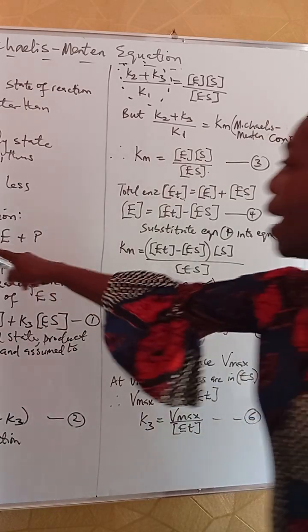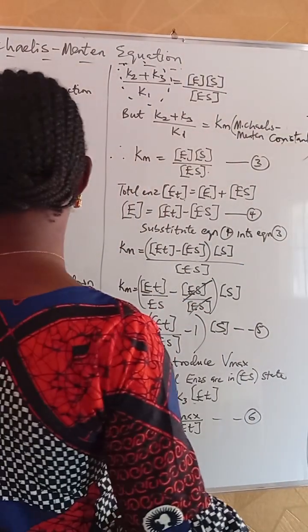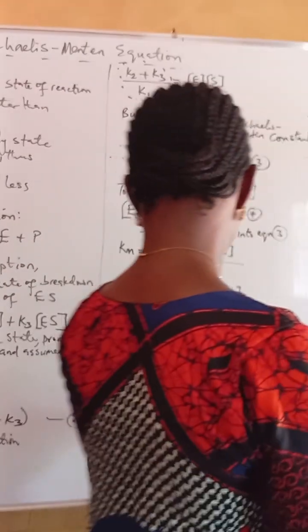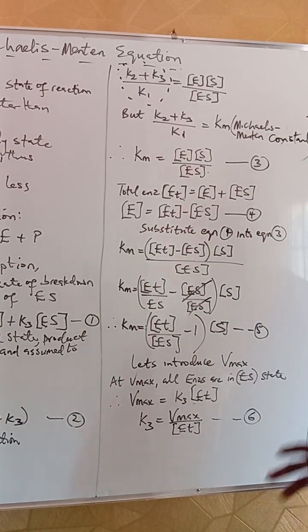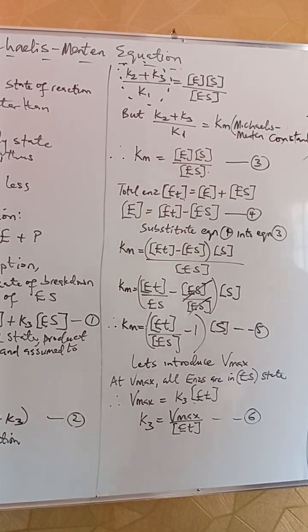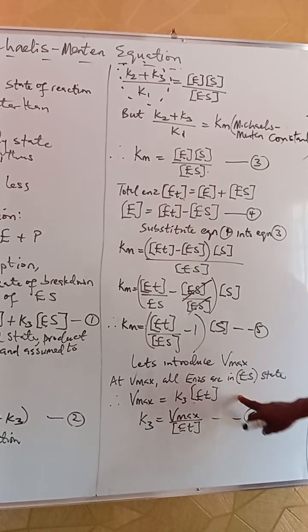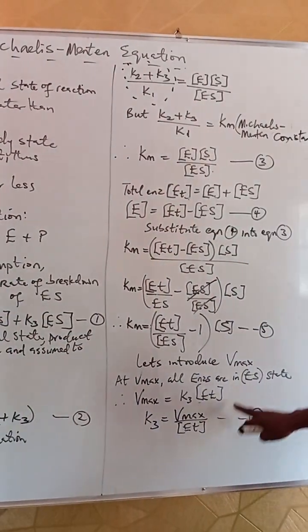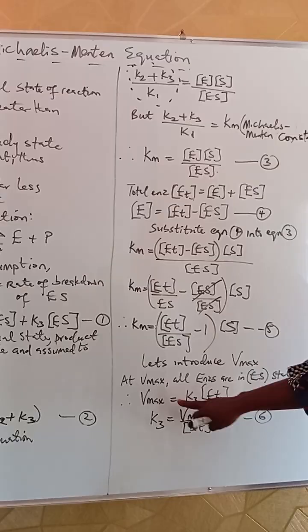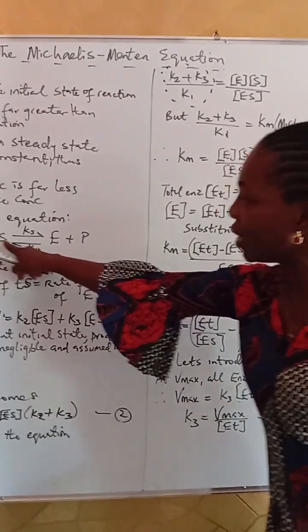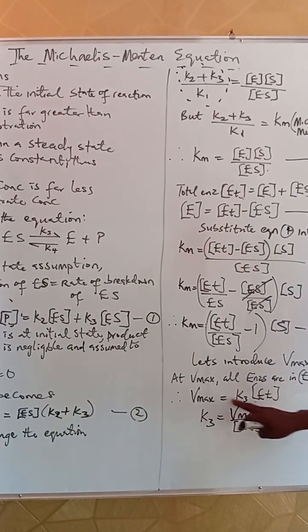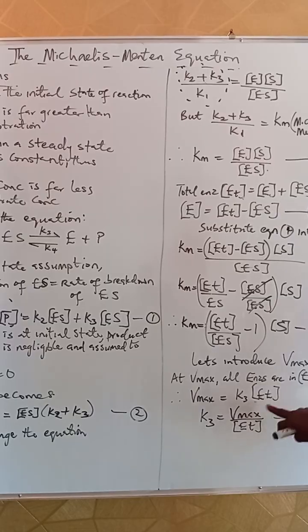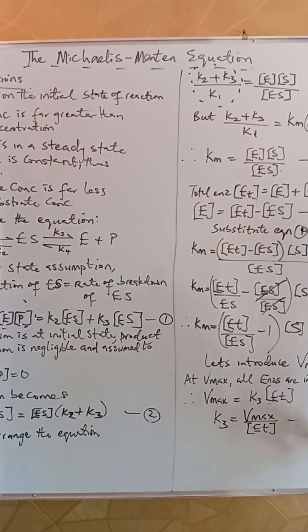The whole of the ES is ET. All of the enzymes are involved with the substrate at maximum velocity. So the whole of ES is the total enzyme. Making k3 the subject of the formula, we have k3 = Vmax over ET.